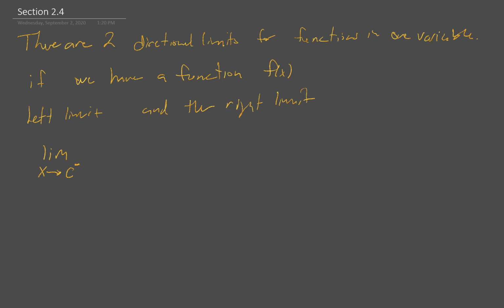That means I'm coming in from the negative side. This is the limit of f of x as x approaches c from the left, from the negative direction, from the negative side.